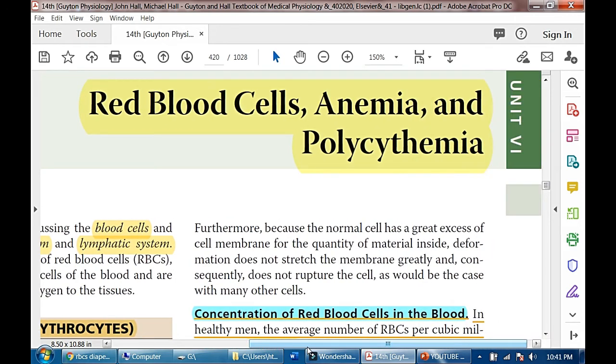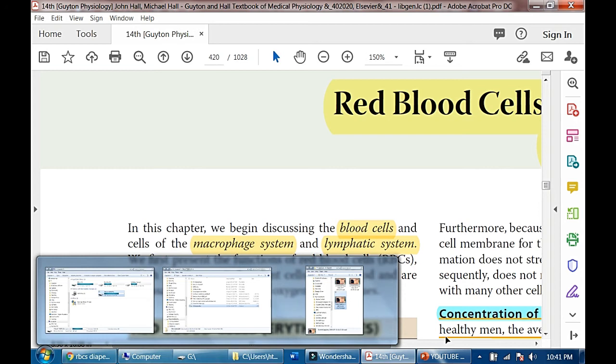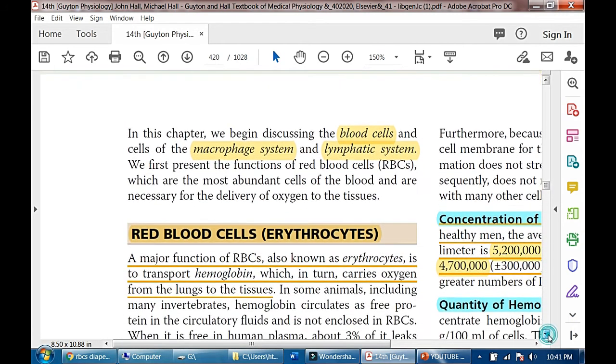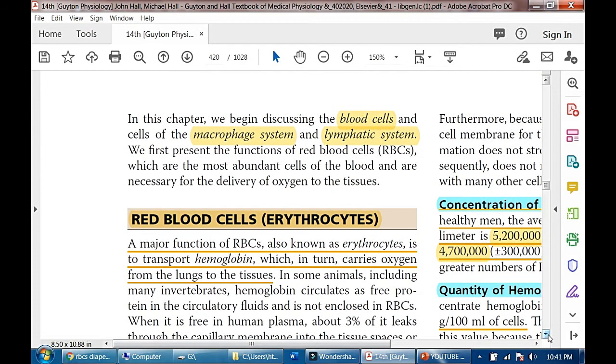So if we move towards the book, okay, this is chapter 33, you can see here, and we are now going to start reading it without any delay.